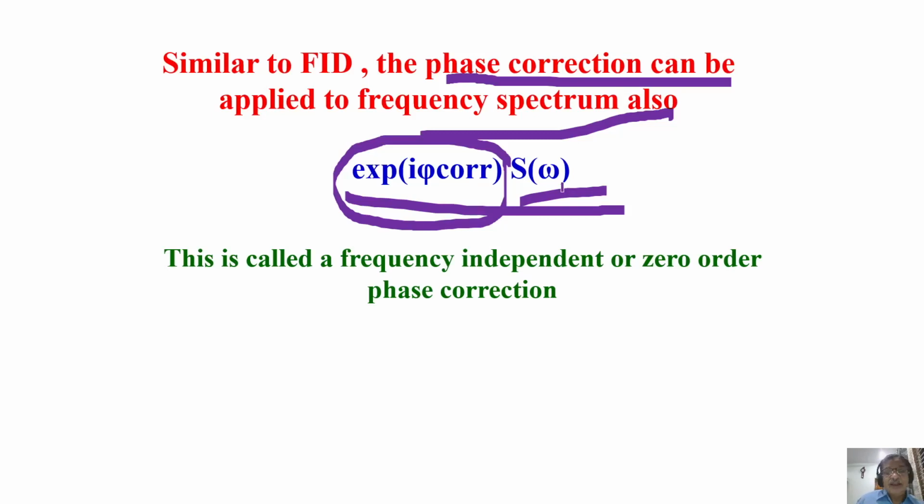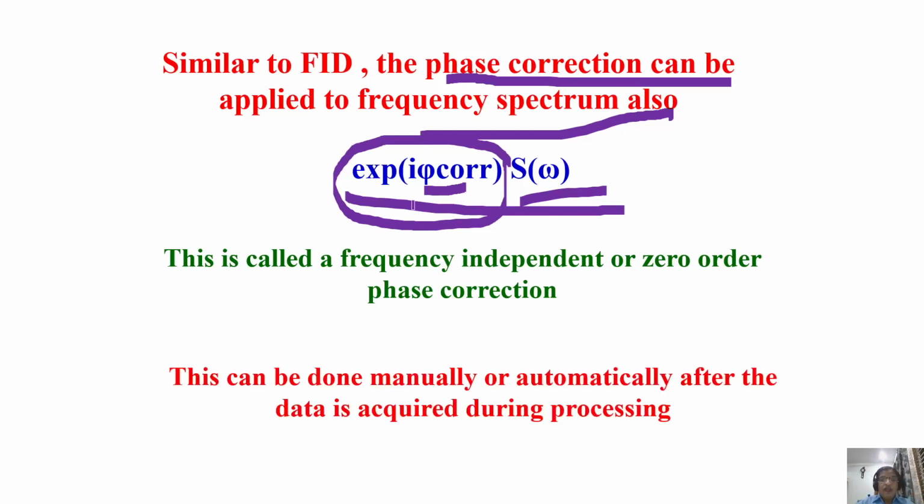So this is called frequency independent or zero order phase correction. I incorporate one factor, and I ensure that I can correct for the entire spectrum. This is frequency independent, also called zero order phase correction.